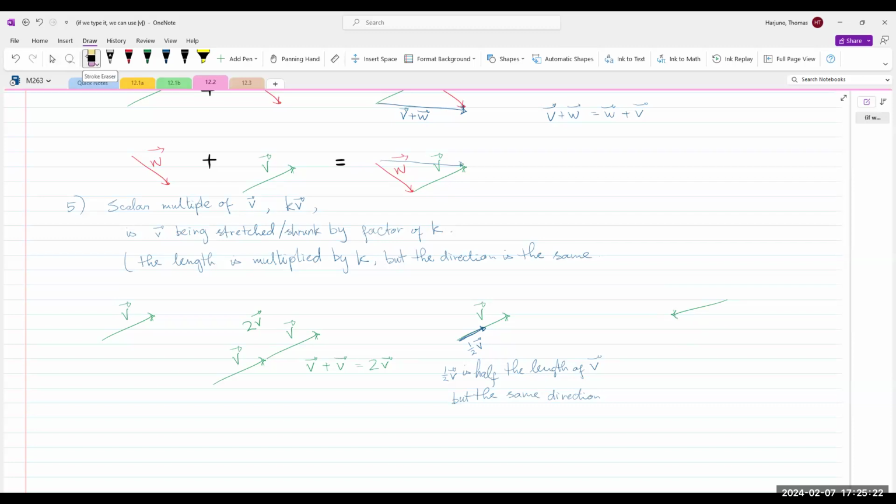I copy paste, but I reverse the direction. So this is negative v. In this case, you basically multiply the length by a factor of -1 so that you reverse the direction. It is still parallel though. So negative v is still parallel to vector v.